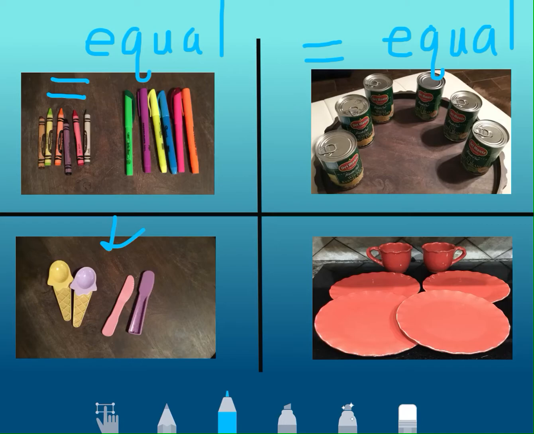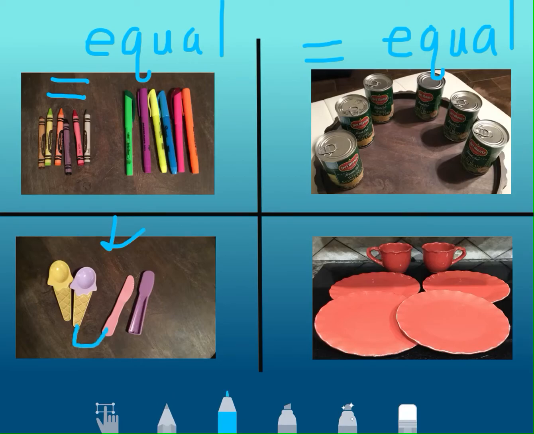Okay. Let's look here, right here. We have 1 ice cream spoon, 2 ice cream spoons. Okay, then we have knives over here. 1 knife, 2 knives. So we have 2 ice cream spoons and 2 knives. Is that equal? Well, let's find out. 2 and 2. Is it the equal same number? Let's see.